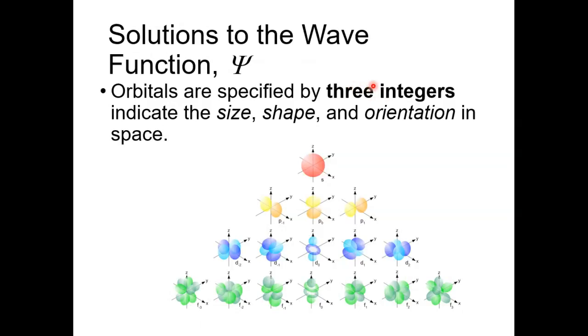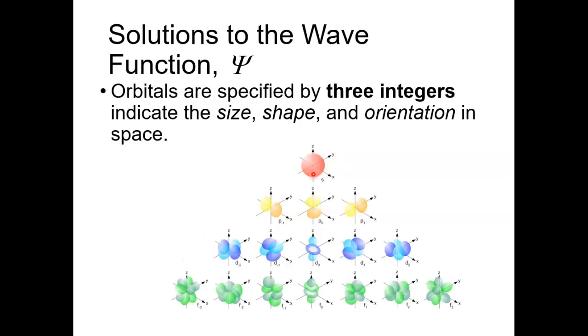And we have three integers, three quantum numbers that are going to tell us the size, the shape, and the orientation in three-dimensional space. These are illustrations of some of the first orbitals based on using these three quantum numbers together.